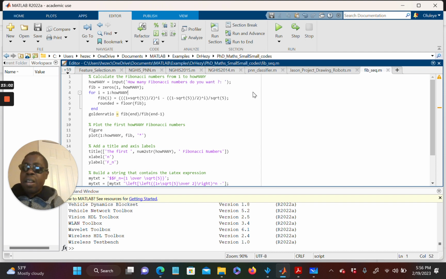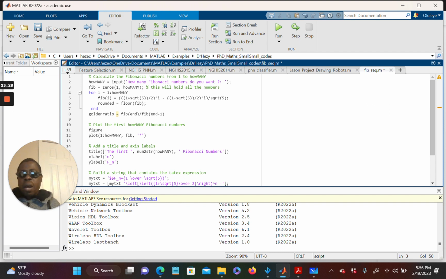Okay, that is line number 2. Then line number 3, fib, is like a container that contains those numbers, zeros. This will hold all the numbers.